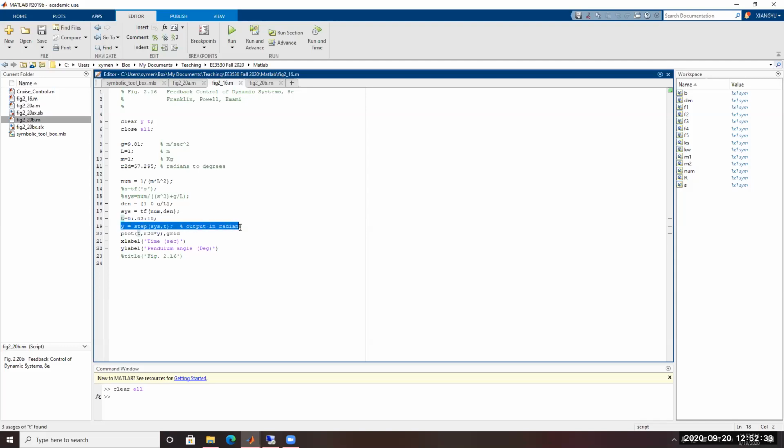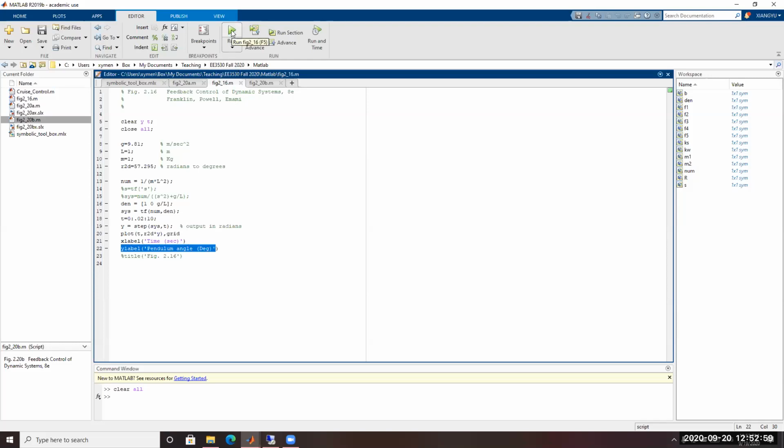Then you can get the output. You can plot the output versus t, the time. Then we multiply by r2d, that's radians to degrees. Then we can use xlabel, time, and ylabel, pendulum angle, in degrees, not radians.